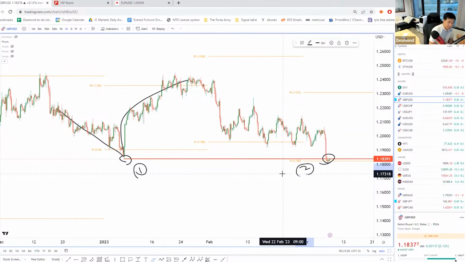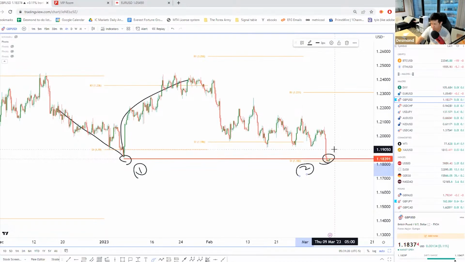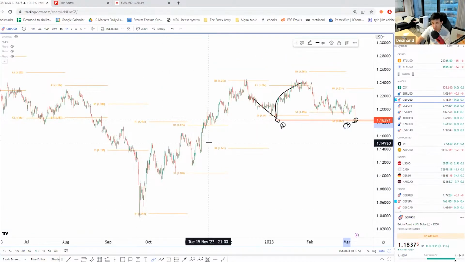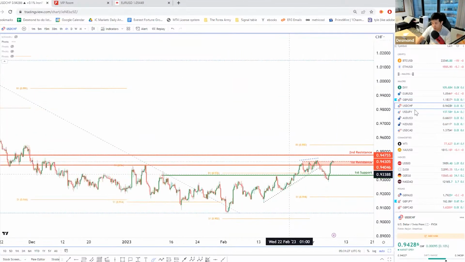That automatically doubles your confidence level that there's more than one reason why price might bounce from here. If you decide to go long, it's a well calculated reason why you should buy from here. Honestly, it's quite nice.